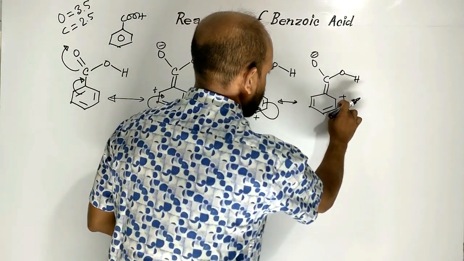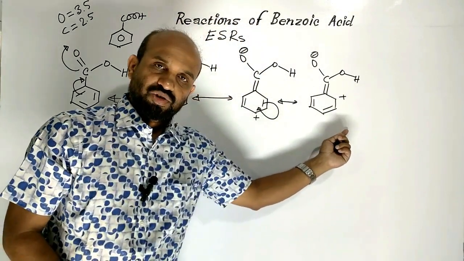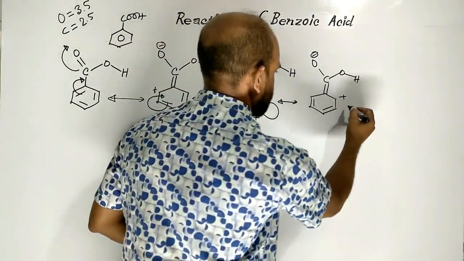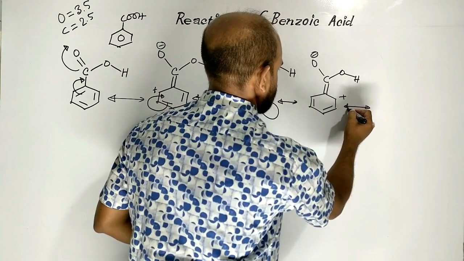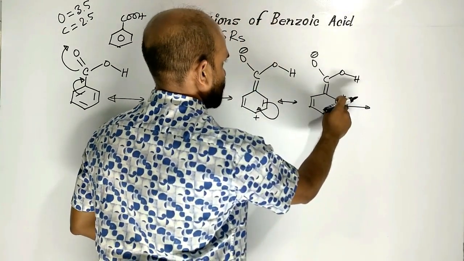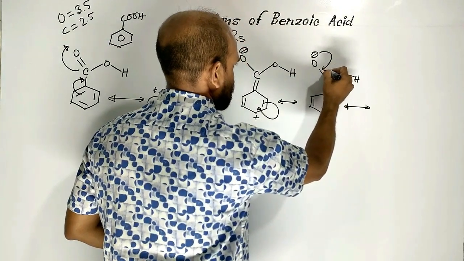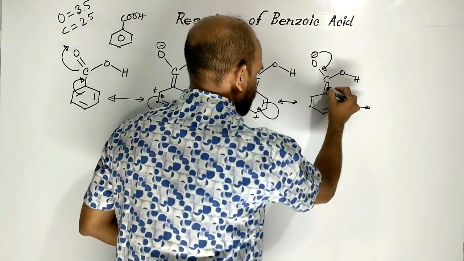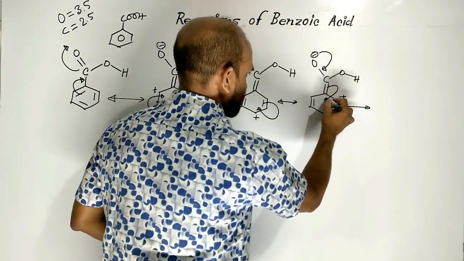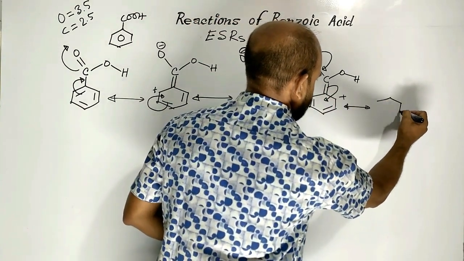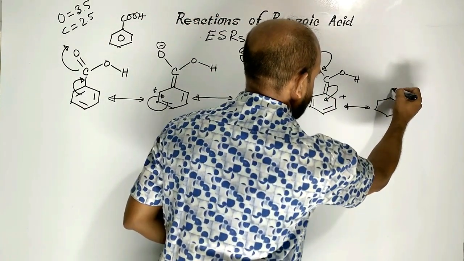This orthocarbon becomes positive in charge. Now, because of this positive charge, these electrons move here. This pi bond moves here. Finally, this is obtained.